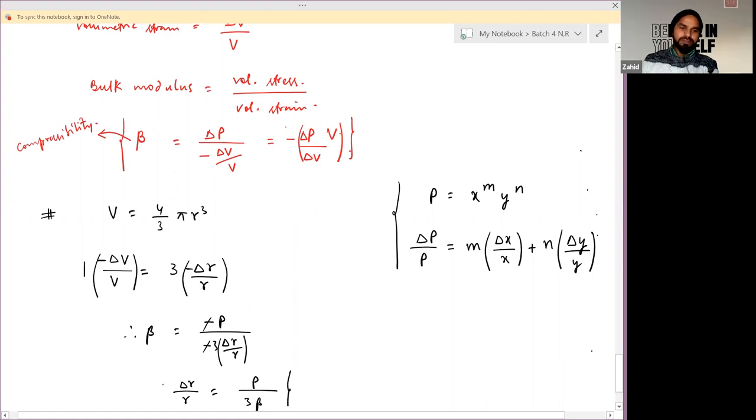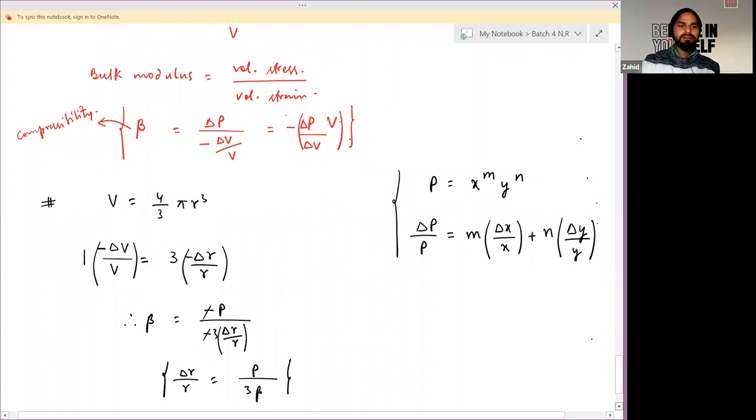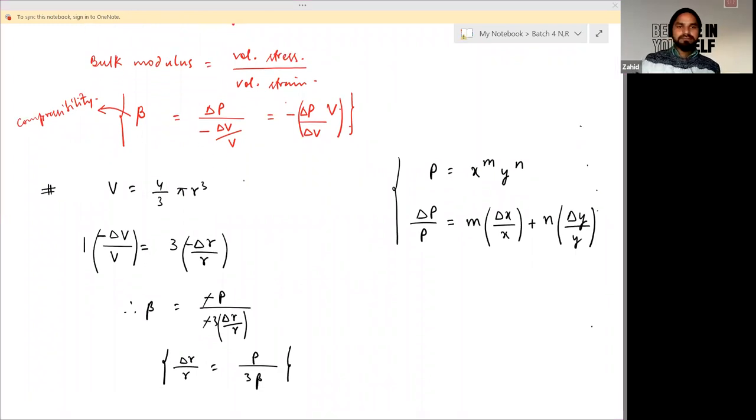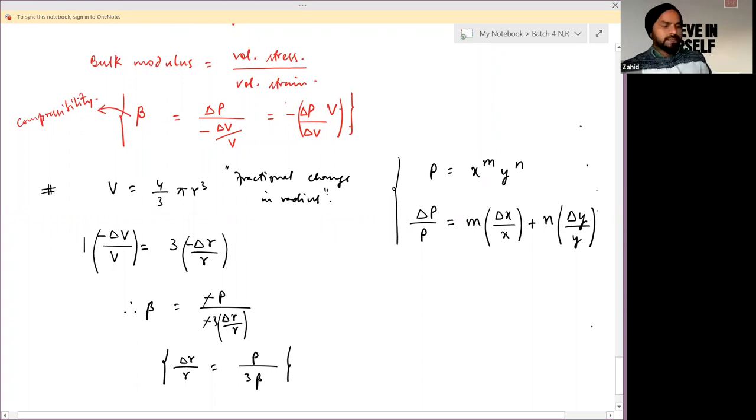So this will be your expression of fractional change in its radius. Mazia, is it clear? Yes, sir.